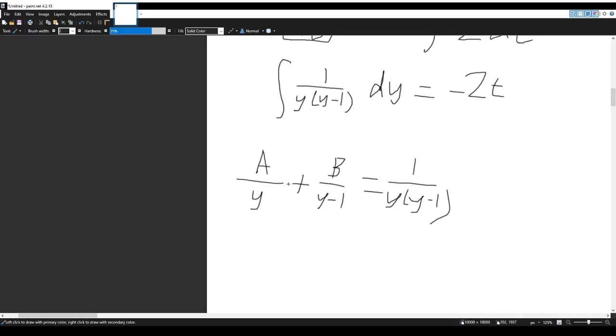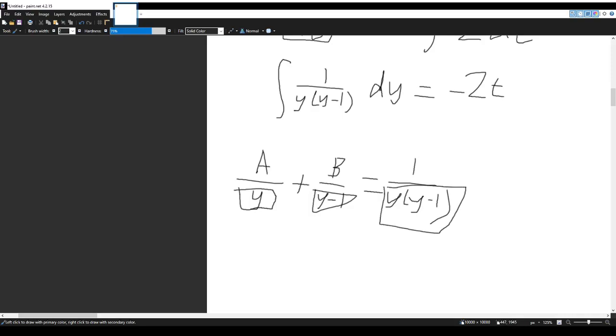Okay, so imagine if you were going the other way, starting with this and wanting to get to here. You would find the common denominator: multiply a over y by y minus 1 over y minus 1, and multiply b over y minus 1 by y over y, so you get these denominators.